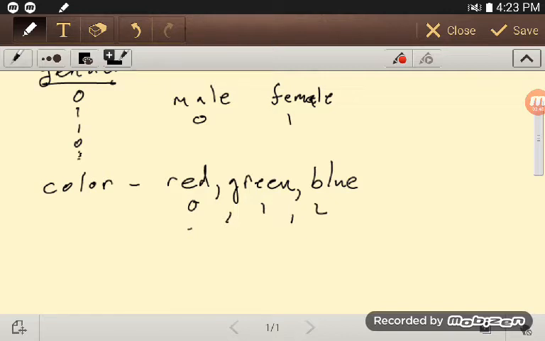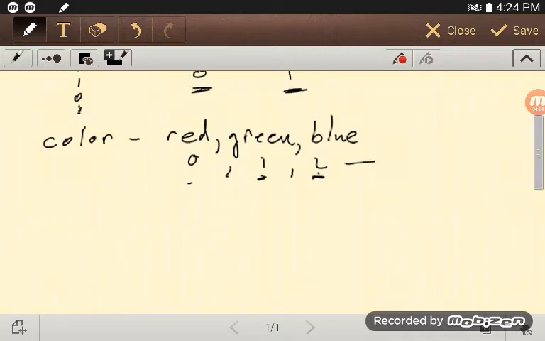Does that mean blue is twice as big as green? As soon as I start adding numbers beyond 0 or 1, it gets very difficult to talk about what that means. Whereas with 0s and 1s, like we have up here, the person has the female trait or does not. And so that makes a lot more sense.